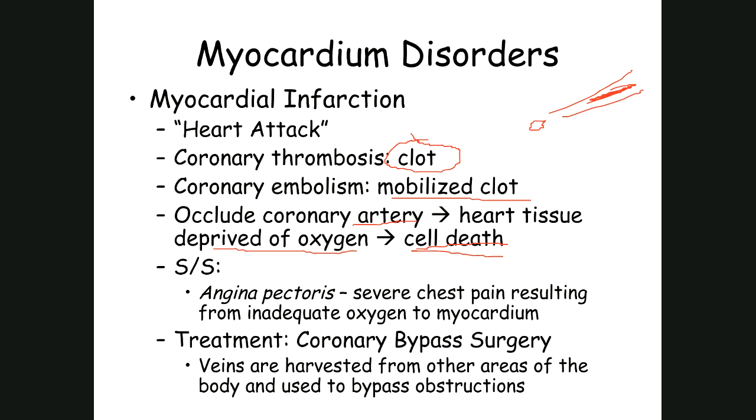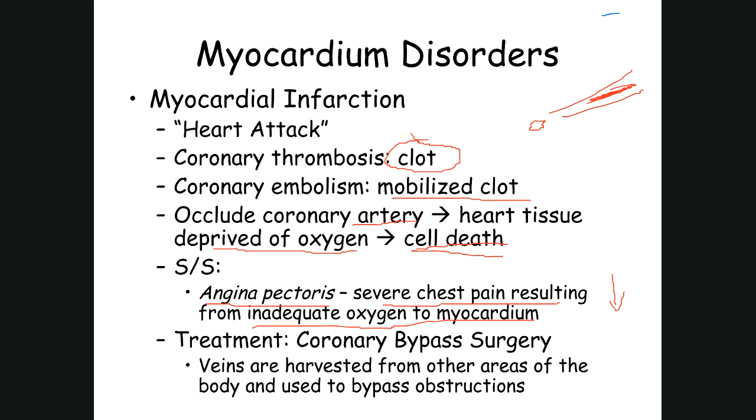That condition is called angina pectoris. So what is this angina pectoris? There may be severe chest pain resulting from inadequate oxygen to the myocardium. So there will be severe chest pain because of decreased oxygen to the muscles of the heart, the myocardium.